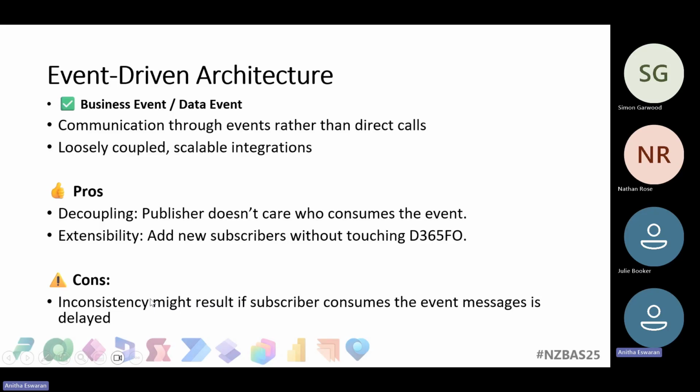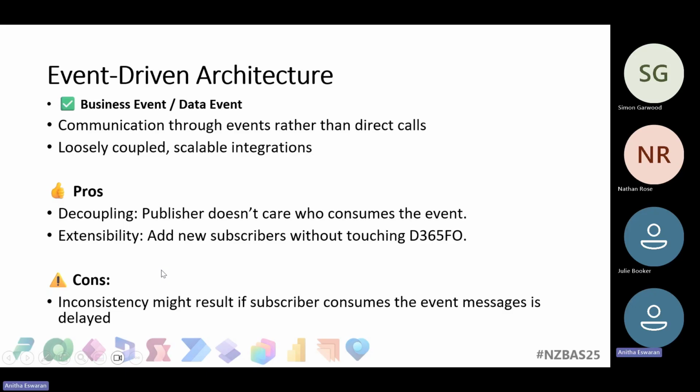This is called decoupling. Both publisher and consumer don't need to be online when this particular flow happens. And for extensibility, you can add any new subscribers without touching the FNO. The same event can be consumed by multiple consumers, and even if one consumer fails, the other consumers will not be affected.